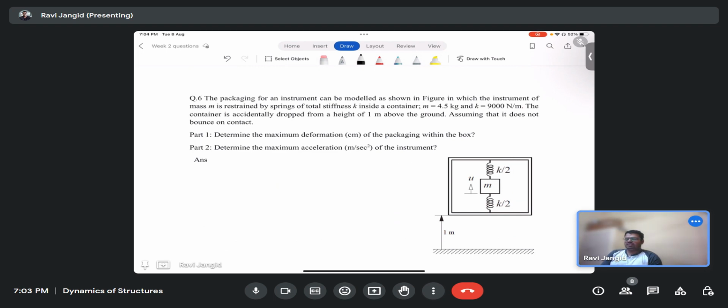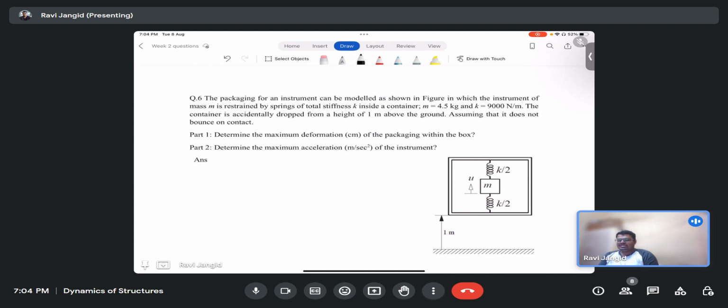Same kind of system: we have a box in which we have whatever we ordered, that is the mass. The foam stiffness is represented by K by 2, K by 2. The stiffness K is given as 9 kilonewton per meter, or 9000 Newton per meter, and the mass of the object is 4.5 kg.